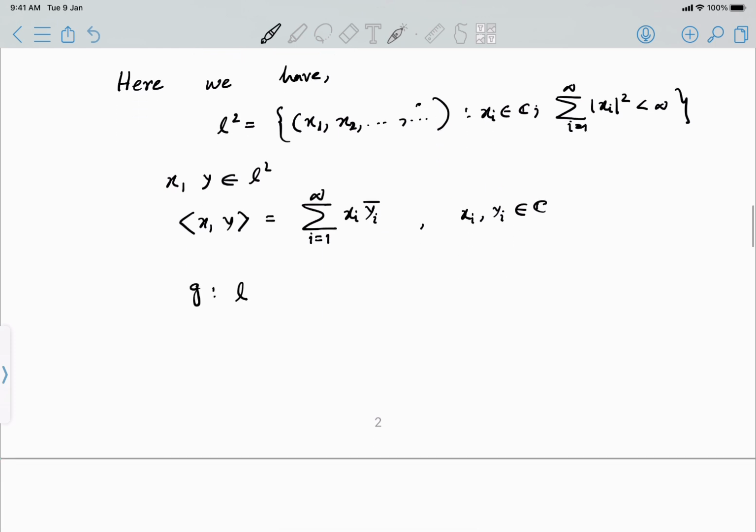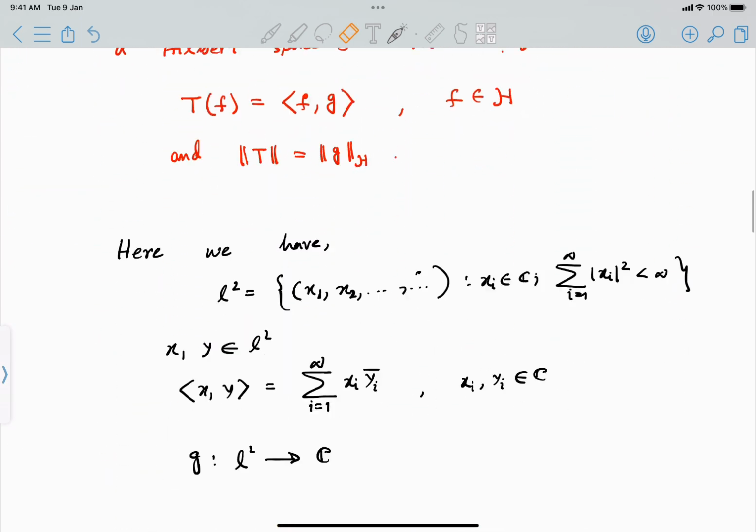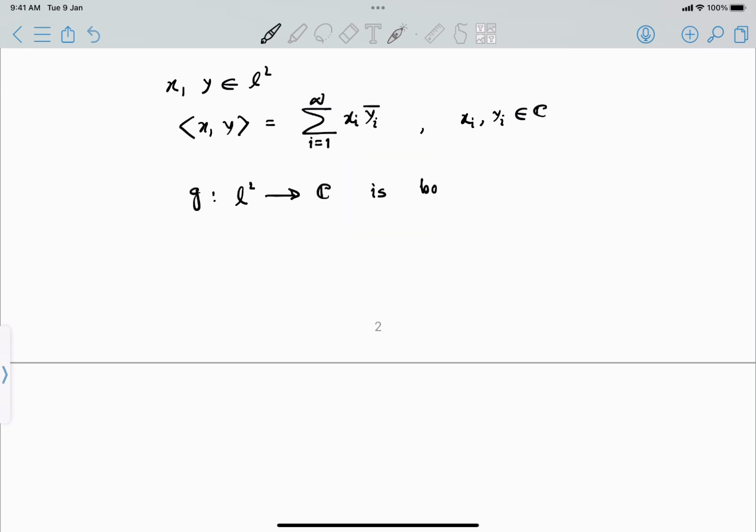And G is from L2 to C, a bounded linear functional given by G of x equals the sum of xn by 3 to the power n.